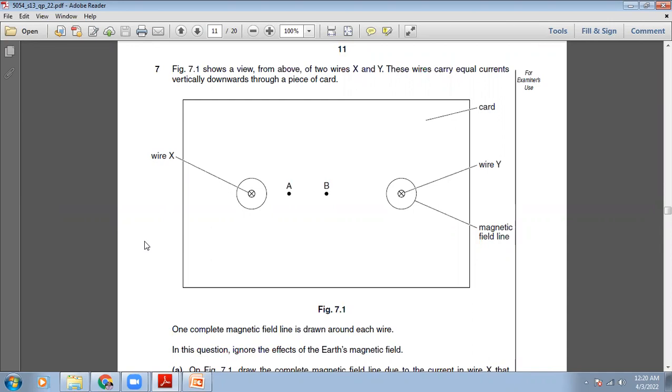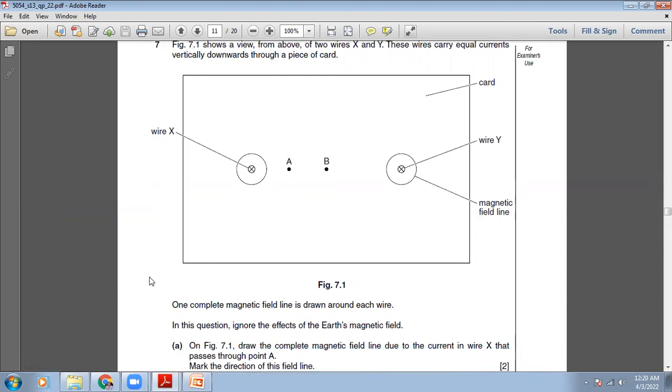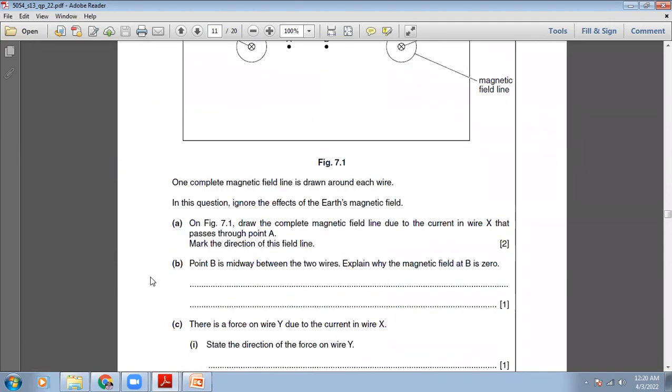One complete magnetic field line is drawn around each wire. In this question, ignore the effect of the Earth's magnetic field. On figure 7.1, draw the complete magnetic field line due to the current in the wire X that passes through the point A. Mark the direction of the field line.